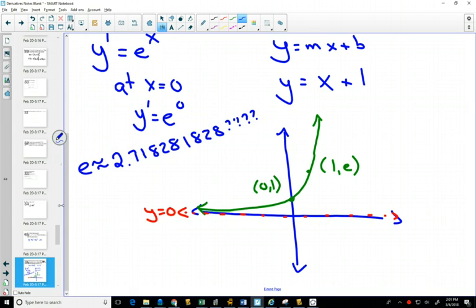Now, if I draw a tangent, the equation of this tangent is x plus 1. So far, so good.